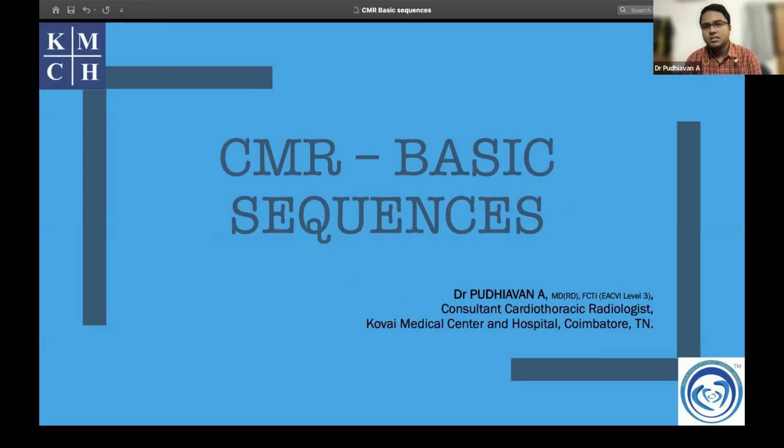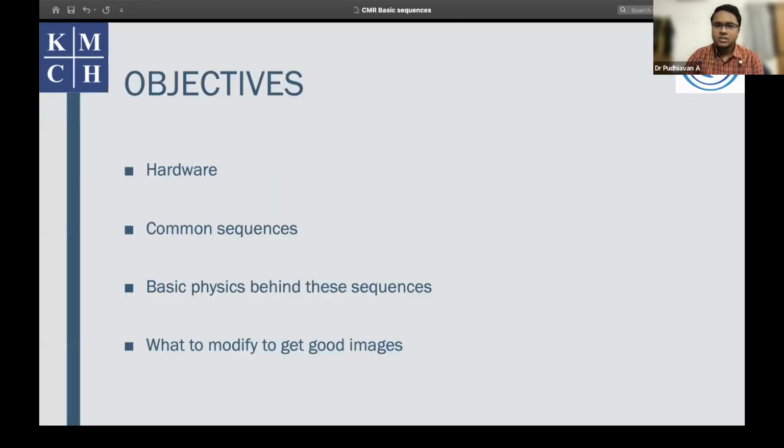So we will just see the sequences that we commonly use in cardiac MR, and the objectives of this talk is to give you an overview of the hardware requirements for doing a cardiac MR, what are the common sequences that are used while performing a cardiac MR, the basic physics behind these sequences.